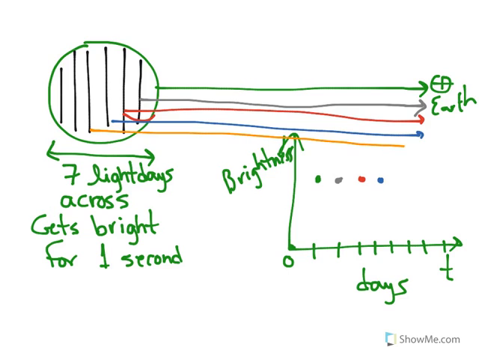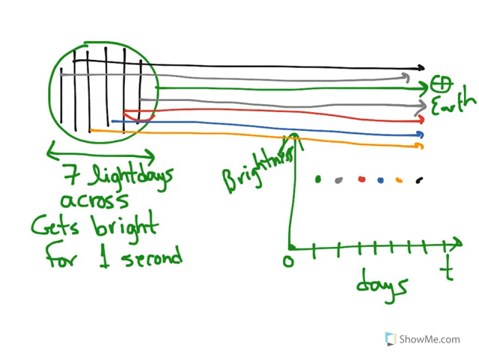And then the light that took an extra 4 days to get to us. Then the light that took an extra 5 days to get to us. And 6 days to get to us. And then finally, from the far side, light that took another 7th day to get to us. And then it's going to go back down to the brightness it was before. So we're going to see it get bright for 7 days and then go back down to the original brightness.